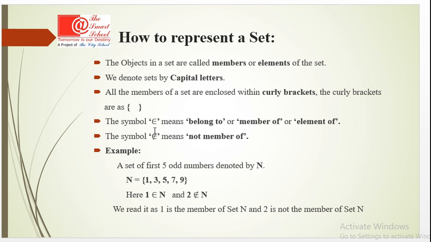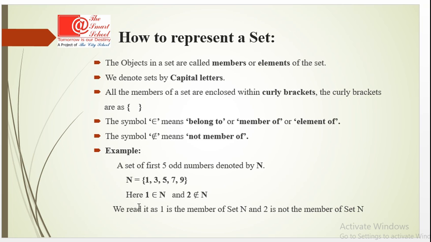Now this symbol means belongs to, or member of, or element of. And if we cancel this symbol, it means not a member of or not an element of. For example, a set of the first 5 odd numbers denoted by N. So we write N is equal to, notice N is capital, 1, 3, 5, 7, 9, and all the elements are enclosed by curly brackets.